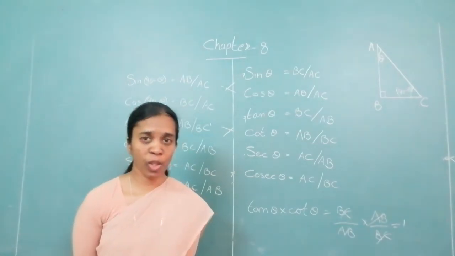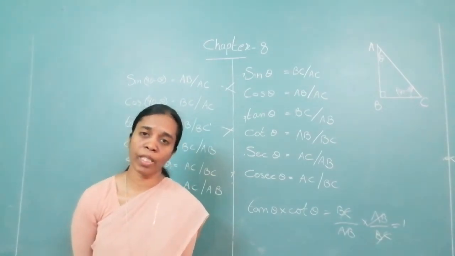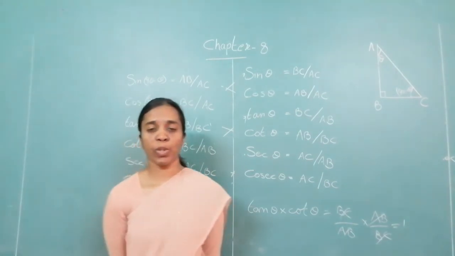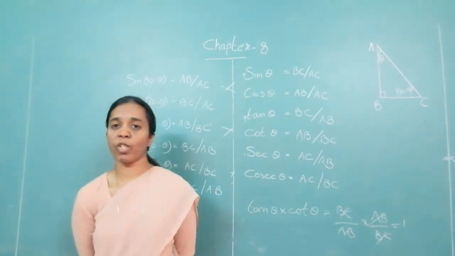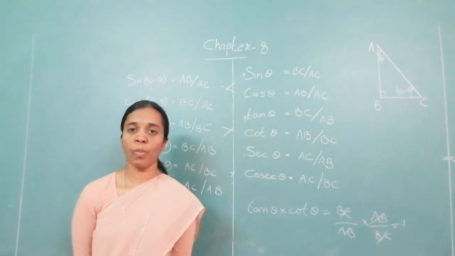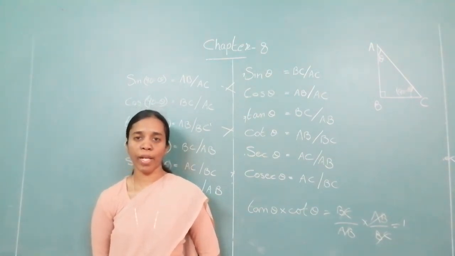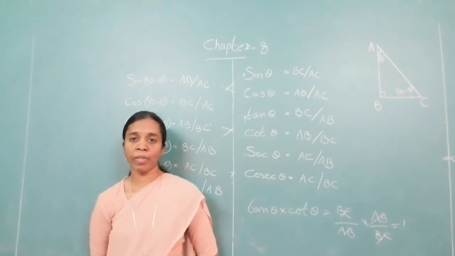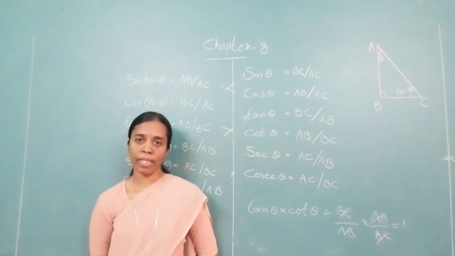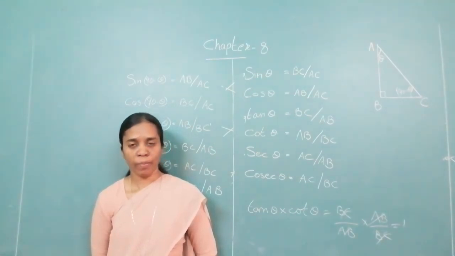So let us revise all the formulas from the beginning. We have trigonometric ratios: sin, cos, tan, cot, sec, cosec. Sin is opposite upon hypotenuse, cos adjacent upon hypotenuse, tan opposite upon adjacent, cot adjacent upon opposite, sec hypotenuse upon adjacent, cosec hypotenuse upon opposite.